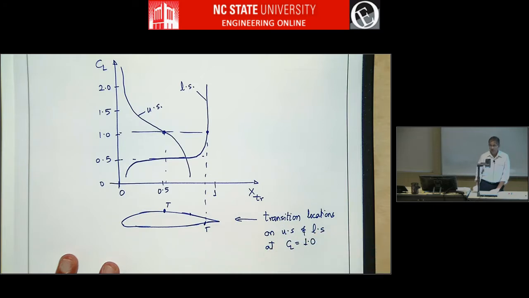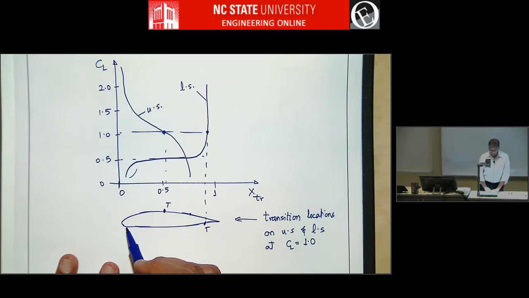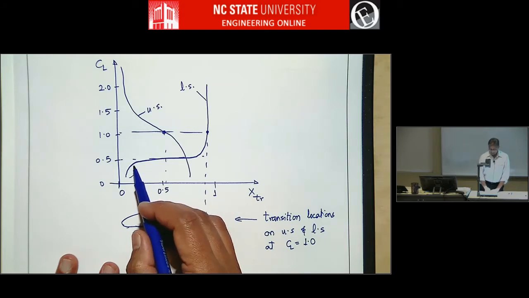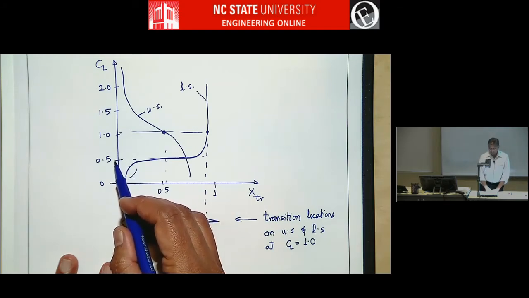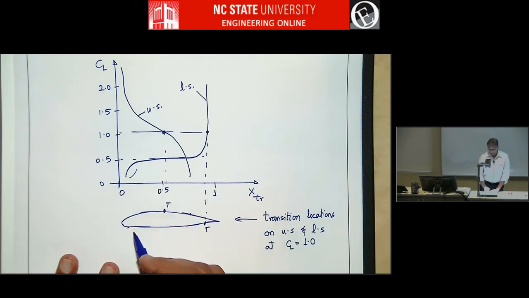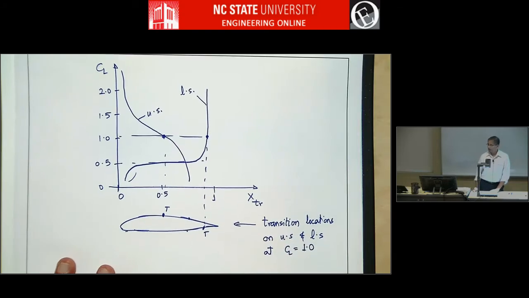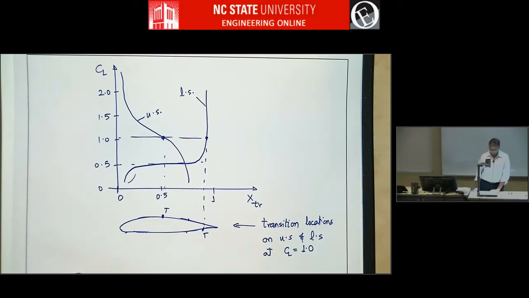On the lower surface, it's the opposite. At low lift coefficients, you have very little laminar flow, but quickly around CL of 0.5, laminar flow transition moves back. Suddenly laminar flow goes from here to here, and then it goes almost to the trailing edge at high lift coefficients.